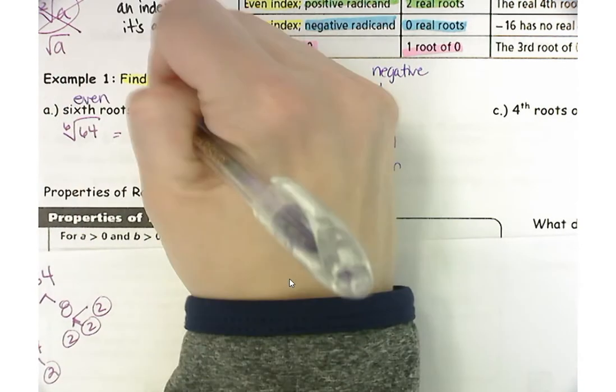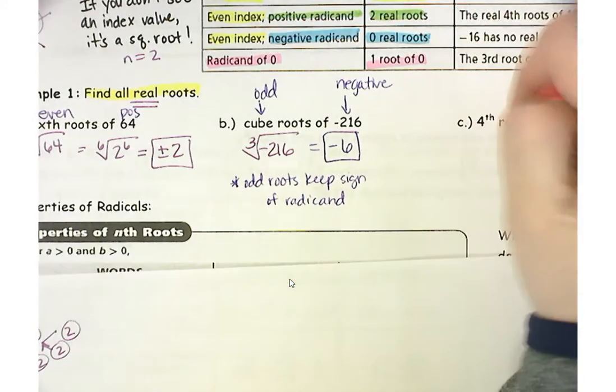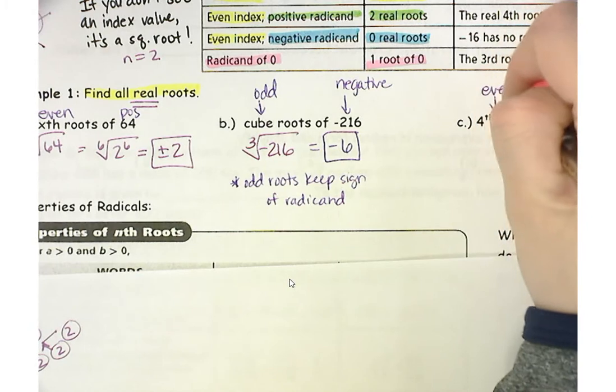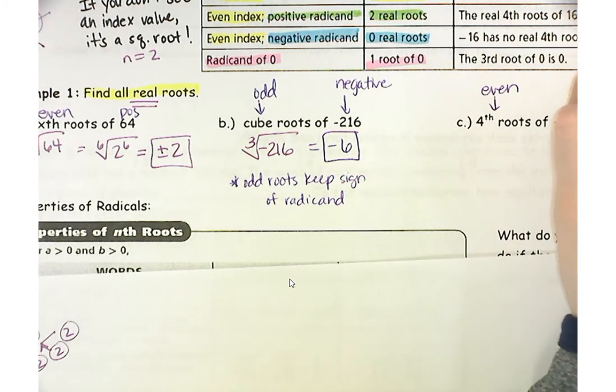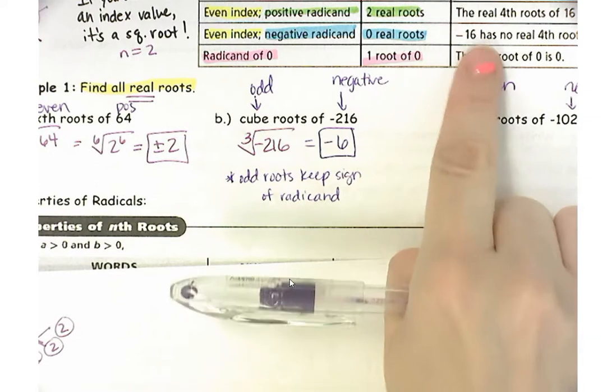If it's even and negative, then there are no real roots. Now, this isn't even a perfect root anyway, but there's going to be no real roots because you can't take an even root of a negative.